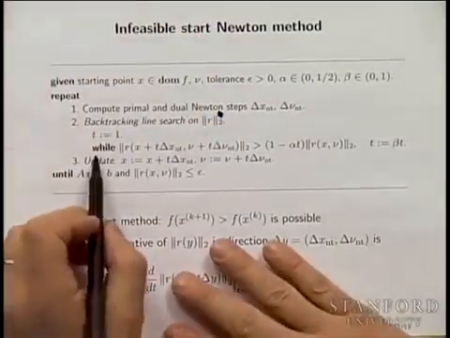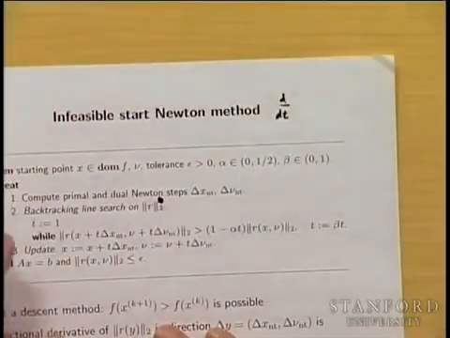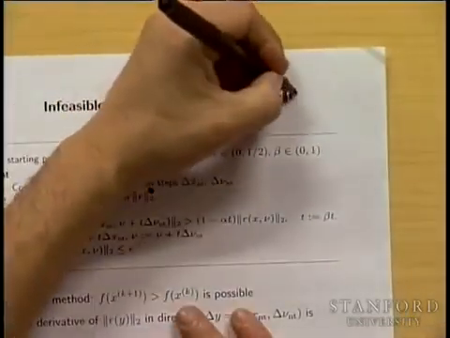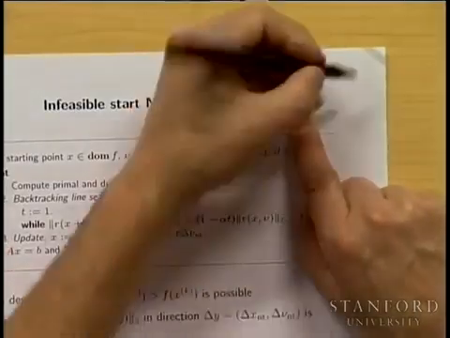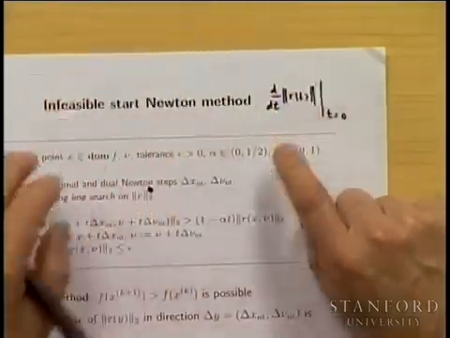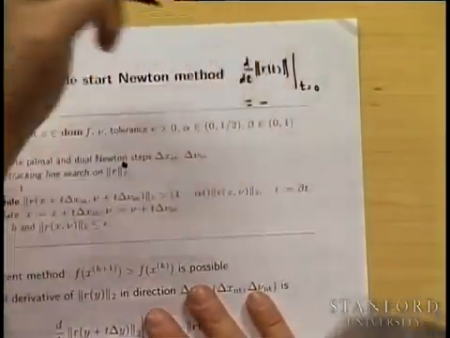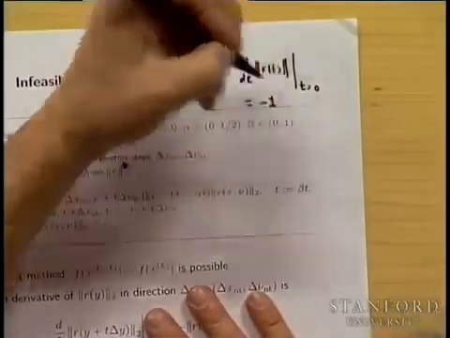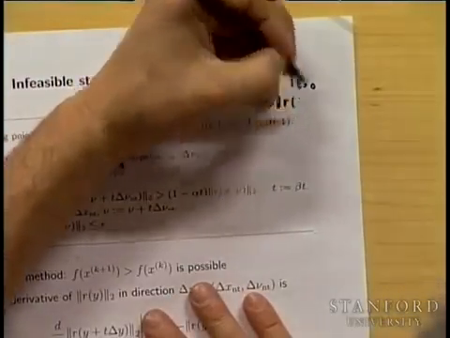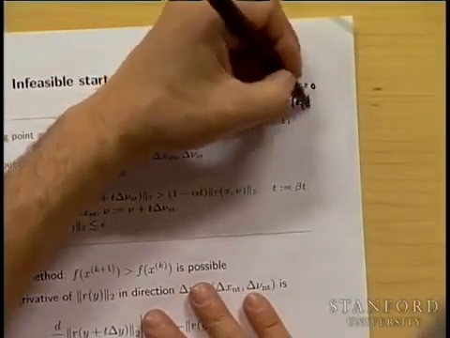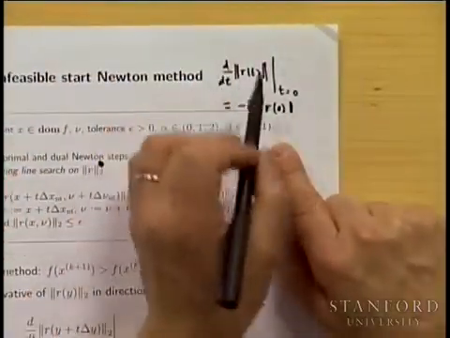But if you work out the d/dt of the norm of the residual as a function of the step length at t equals 0 and in the Newton direction, you will actually get, I believe, minus the residual. This is worked out in the book, but you can work this out.